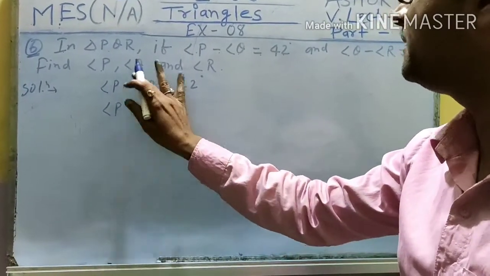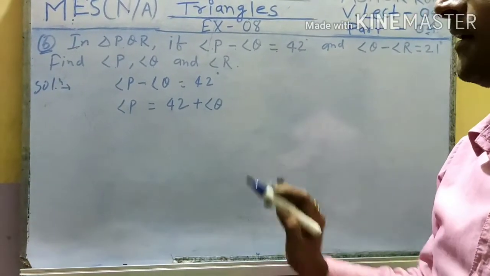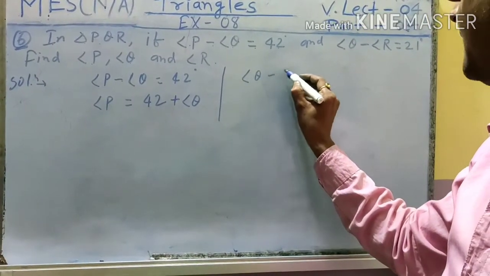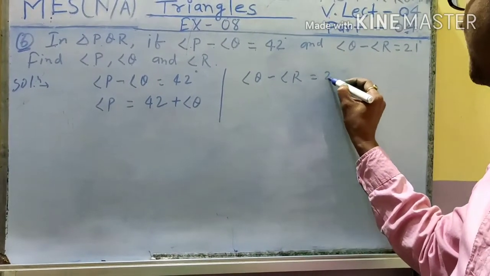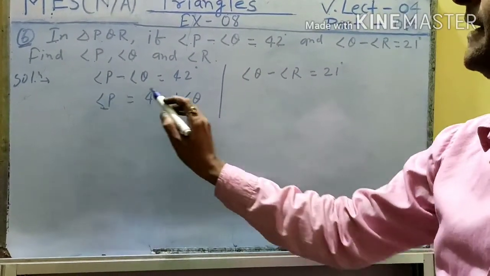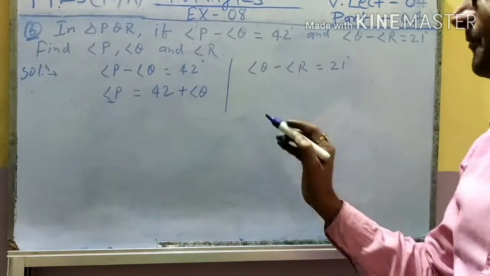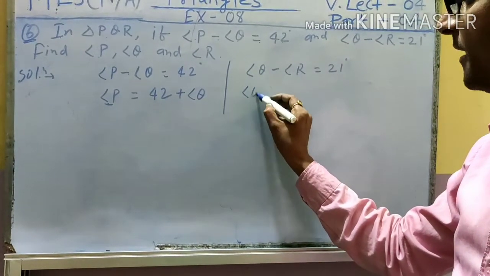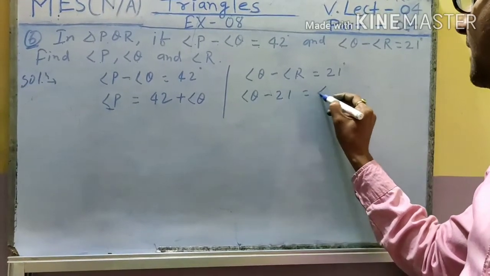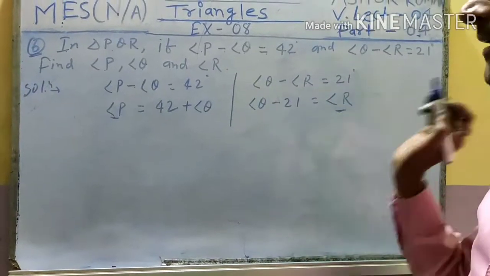This minus sign will be moved to the right hand side, so we can write here plus Q. In the second case, angle Q minus angle R is equal to 21 degrees. Here the value of P is in terms of Q, and the value of R is also in terms of Q. The 21 moves here, so angle Q minus 21 is equal to angle R. Here are two values, angle P and angle R.